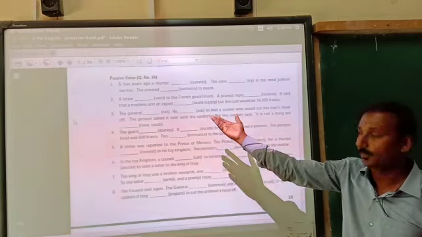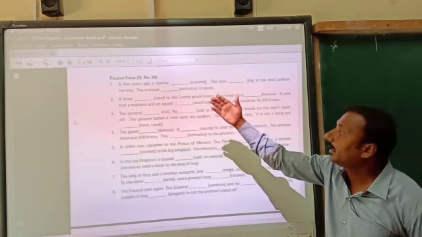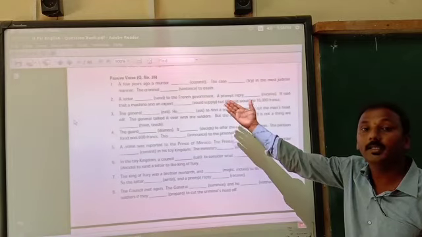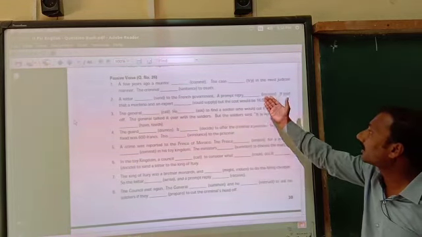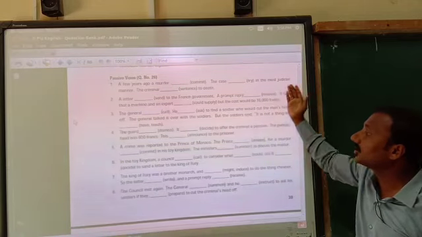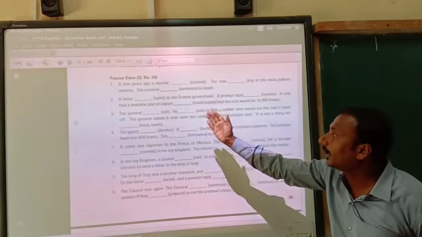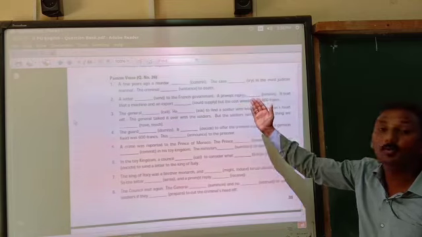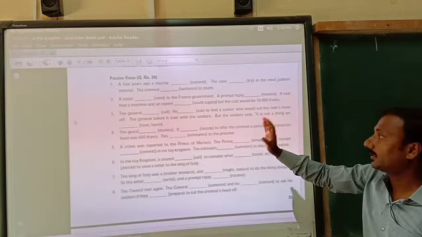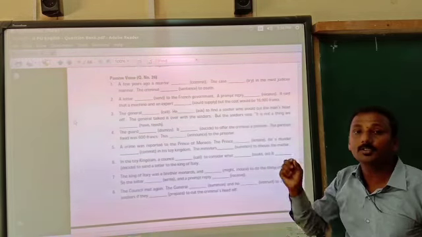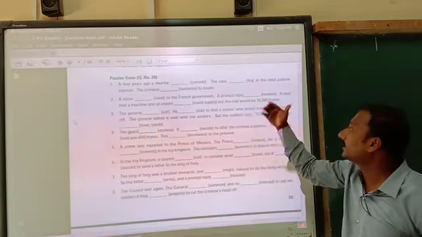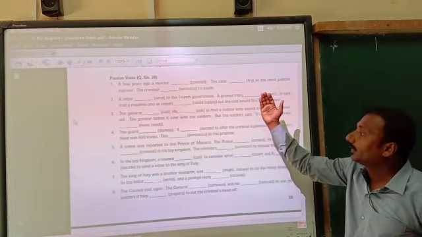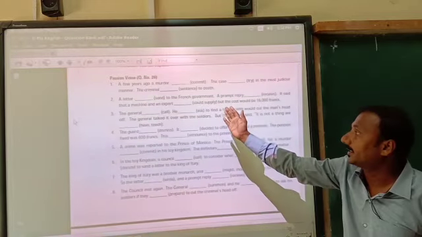The subject is singular, so we use was. A murder was committed, V3 form or past participle form. The case was tried in the most judicial manner. The criminal was sentenced to death. You need not write the question, just write the answer like was committed. Second one was tried, and third one was sentenced.